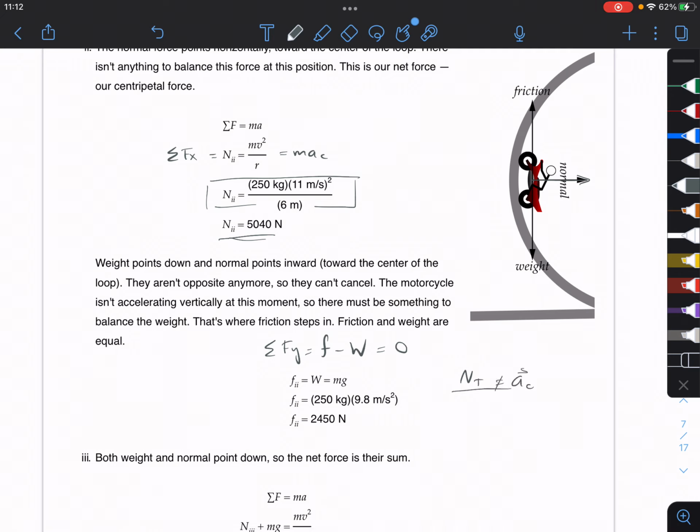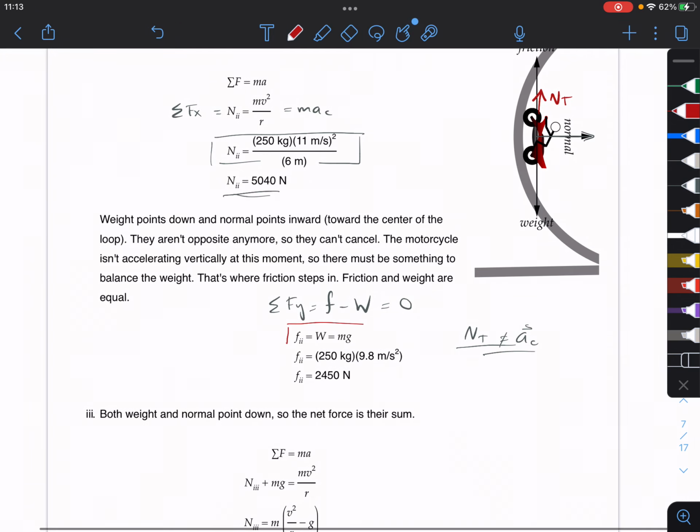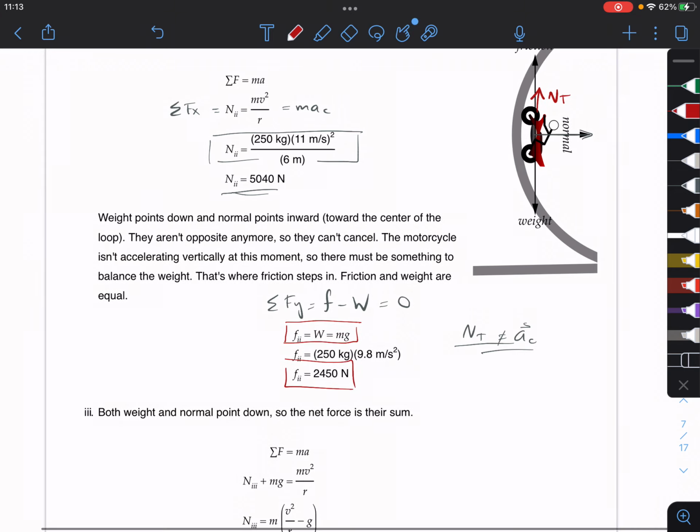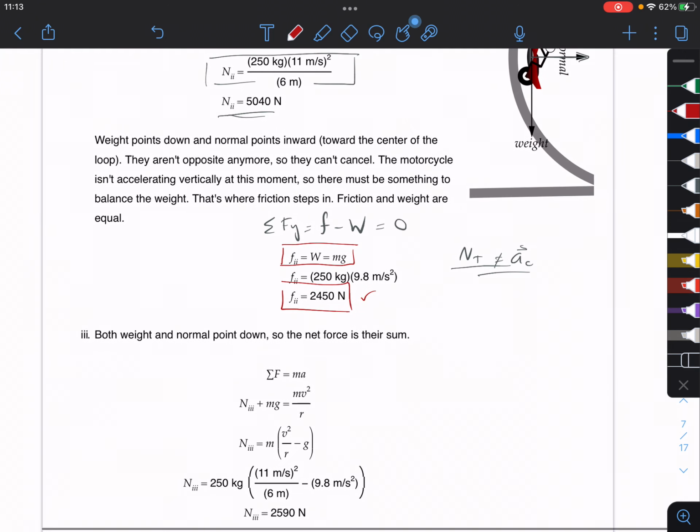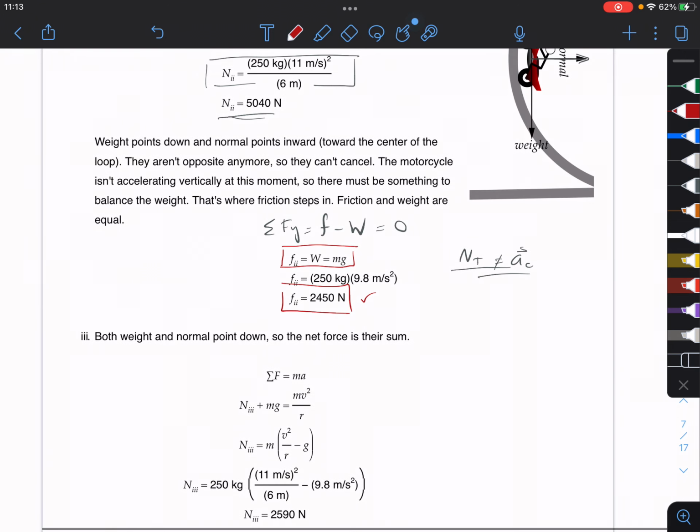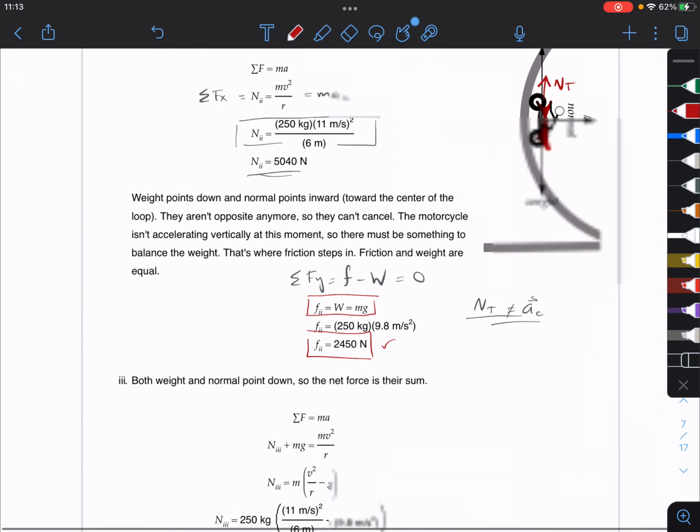If the velocity is constant, the acceleration is 0. So he's moving forward with this constant velocity, but the forward acceleration is still 0. So we can do this piece here, and we solve for our frictional force. This is a pretty high frictional force. So that's for part 2.